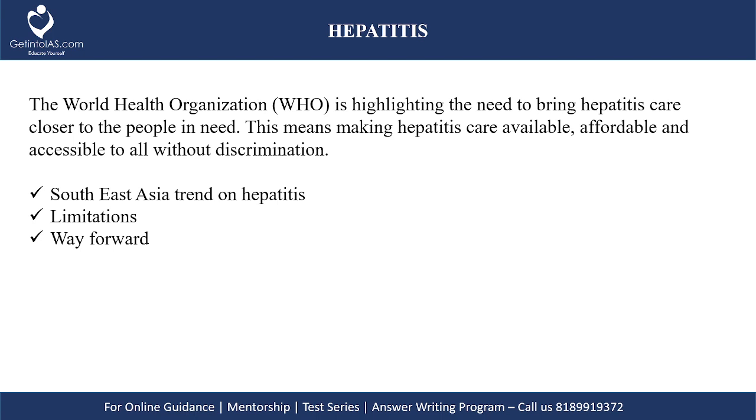The main problem is, in Southeast Asia, only about 10% of people with hepatitis disease know their status, and from that only 5% were in treatment. Of the estimated 10.5 million people with hepatitis C disease, only 7% know their status and only 1 in 5 were on treatment.